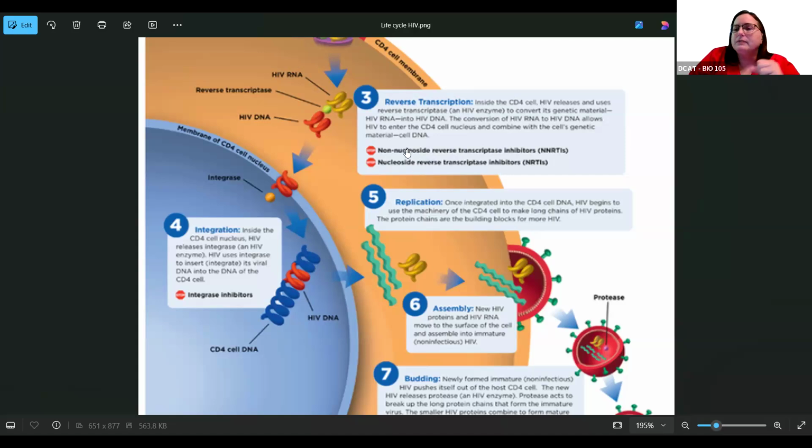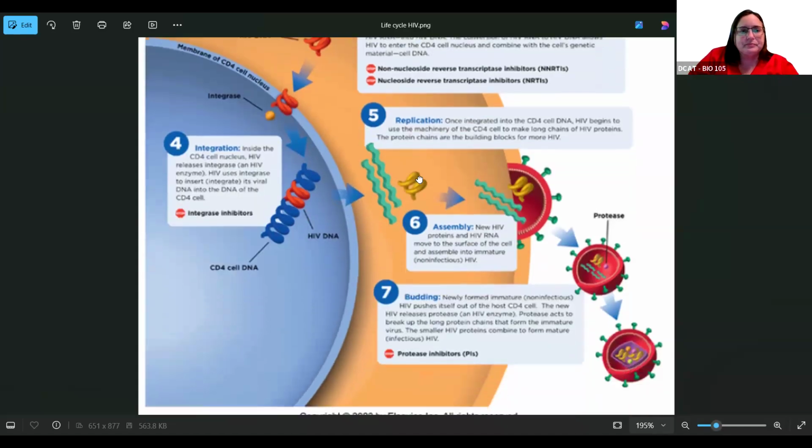So if your patient is on this drug, it's going to stop this from happening. So if the HIV virus got past step 1, the binding and attachment, and made it past and fused, then hopefully the medication would stop it at this point.